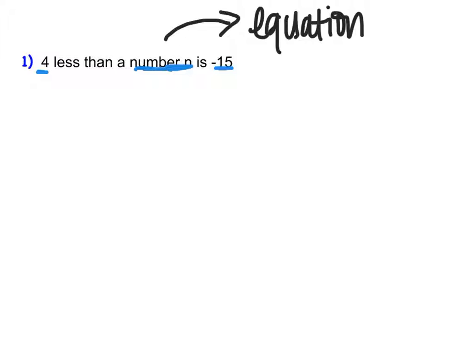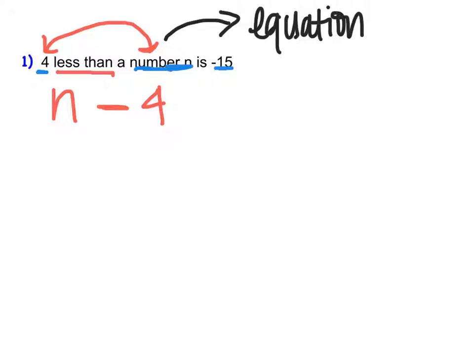Okay, so less than. Well, less is a keyword for subtraction. Okay? But than is a keyword that tells us to switch the order. So I'm going to write n minus 4. That represents 4 less than the number n.